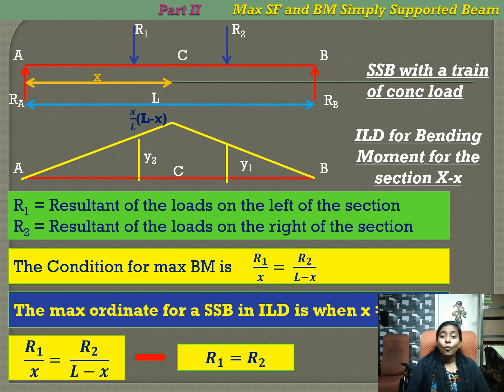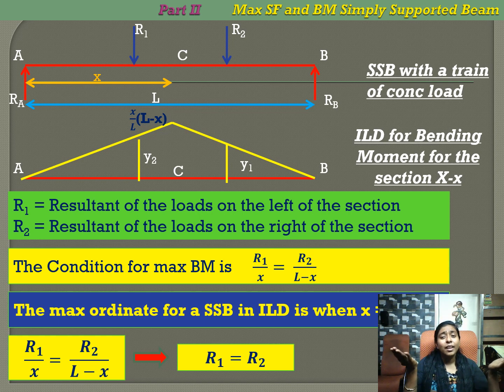When we substitute X equal to L by 2, we get R1 is equal to R2. R1 is the resultant of all the forces we have chosen to the left of the section, and R2 is the resultant of all the forces we have chosen to the right of the section.